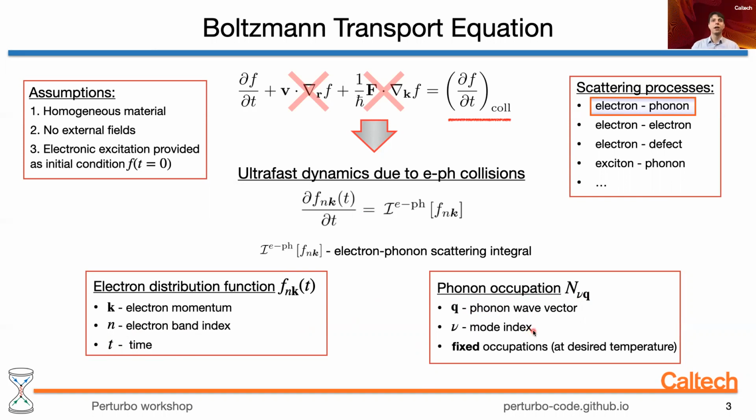It means that we select one temperature, and then we assign a phonon occupation that corresponds to the Fermi-Dirac distribution. Again, it's not a necessary requirement for the Boltzmann transport equation, and in our group we are working on the description of both time-dependent electron occupations and phonon occupations. But for this lecture, we will consider the phonon occupations fixed.